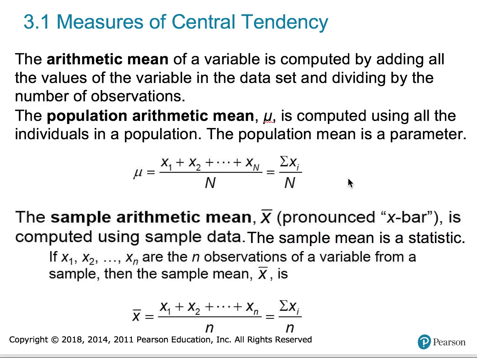In the media, average usually refers to the mean, but beware. Some reporters use average to refer to the median or mode. These three measures of central tendency can give very different results.